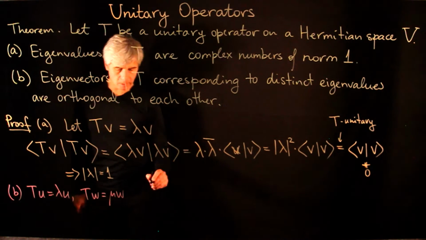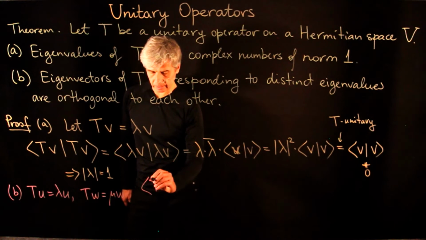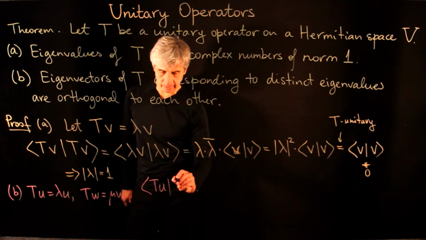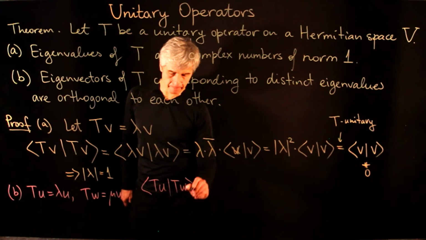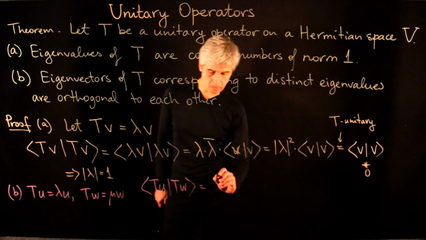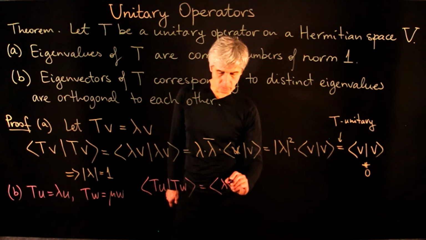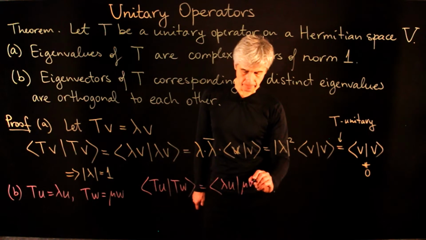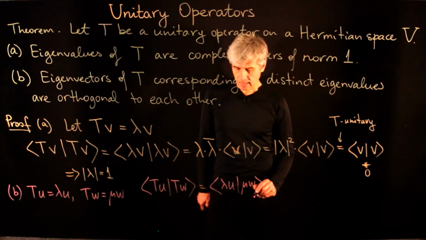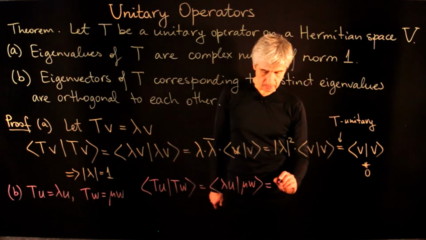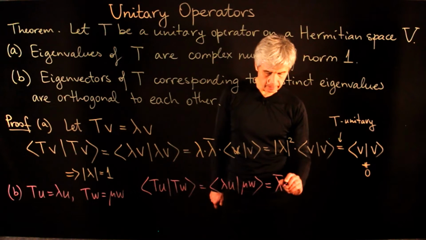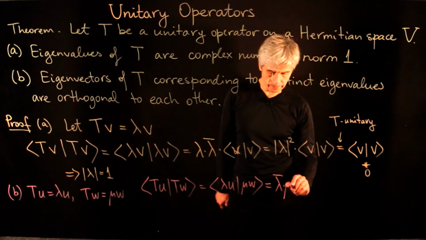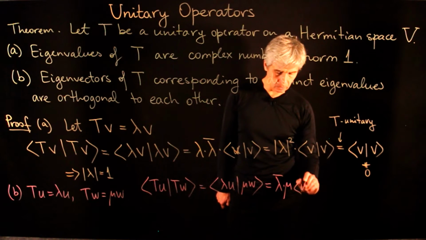Let's consider (Tu, Tw). This is equal to (lambda u, mu w), and so this is equal to lambda bar times mu times (u, w).